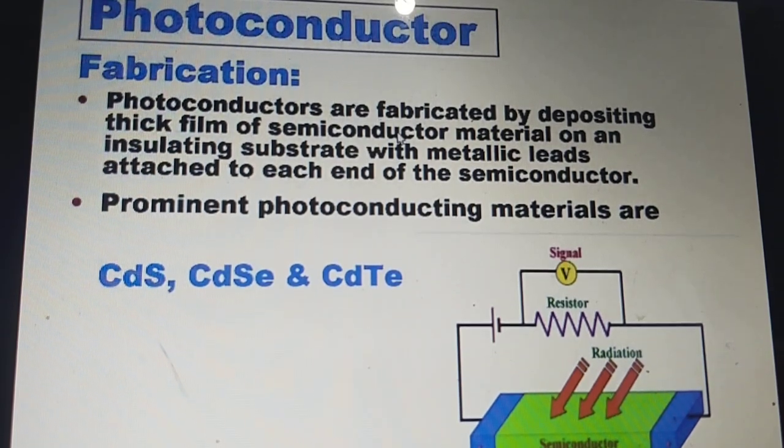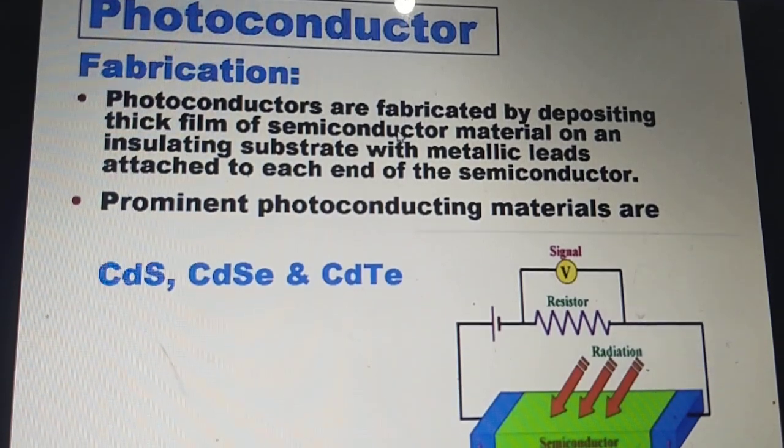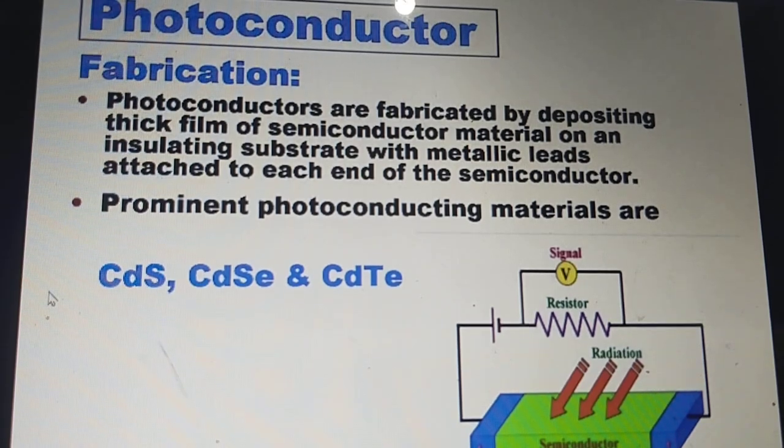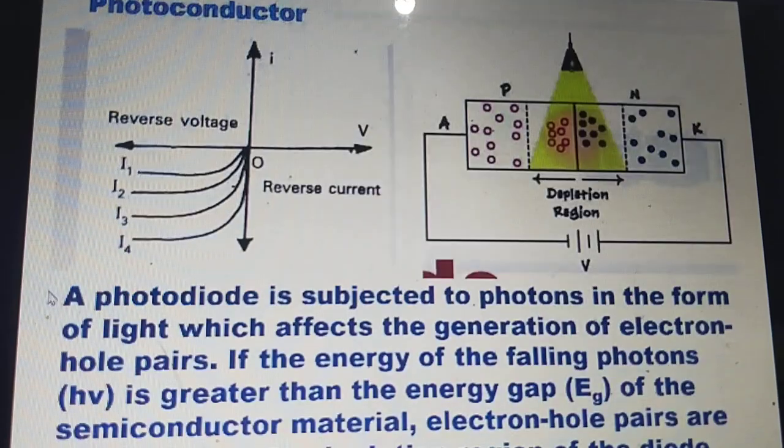It's not seen here. And metallic leads are attached to each end of the semiconductor. Cadmium sulfide and cadmium selenide are among the materials which are used as photoconductors.